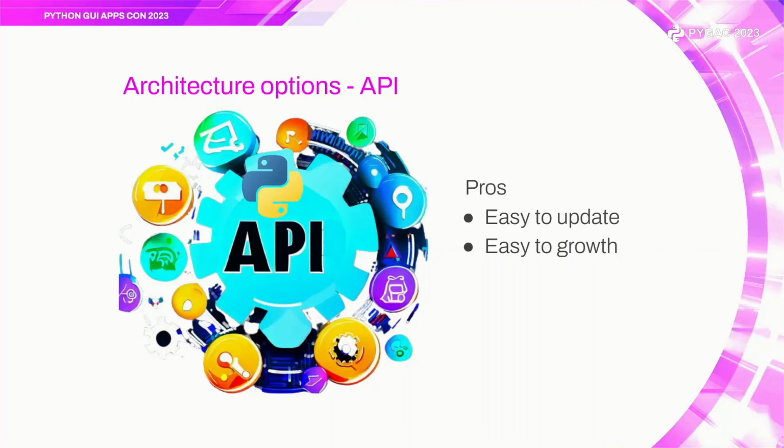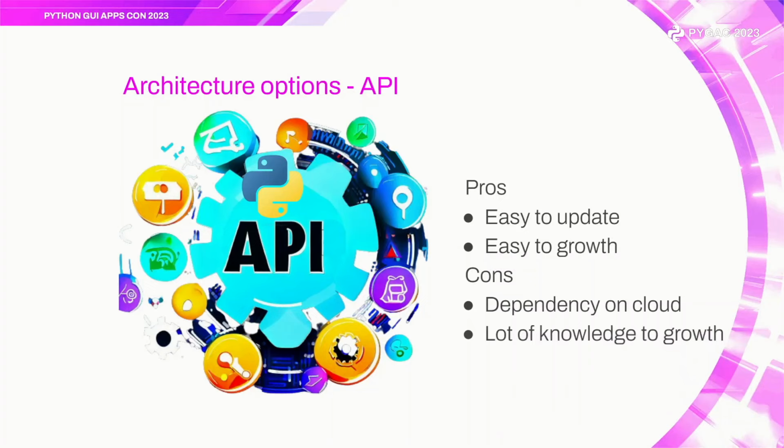Okay. The cons are that we may be dependent on some cloud provider, and also to grow some API, maybe we have to acquire a lot of knowledge. Okay, maybe some large backend API can take us a lot of effort to maintain.